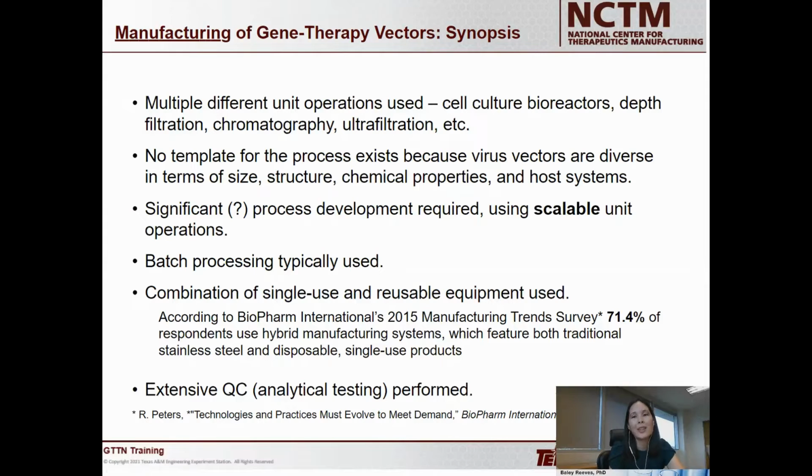It doesn't do us any good if we've designed this perfect process that can only be utilized on the microliter scale. That's not going to be feasible for commercial manufacturing. We'll talk about some of the scalable unit operations in the next several slides.